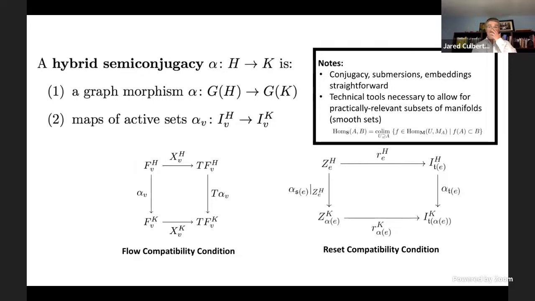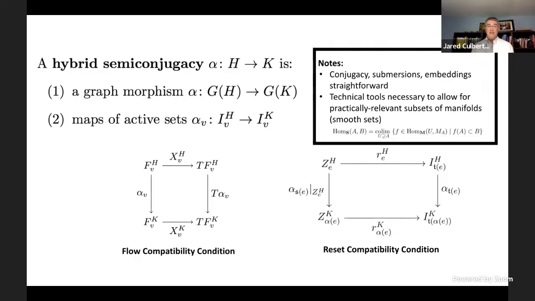One thing that I will point out is that there are some technical tools needed to deal with the practically relevant subsets of manifolds that come up in the kinds of constructions that we want to do. For example, we're going to want to work with fiber products of manifolds. And if you've studied this before, manifolds are not very well behaved with respect to fiber products in general.